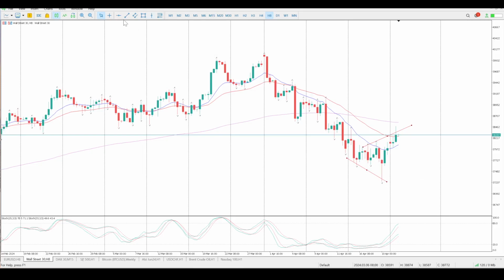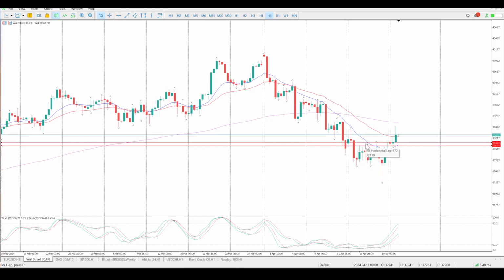But let's just get rid of the diagonals. Diagonals are not what we want to do. We've had a break of some structure here, and that's the key area here at 38,120, sorry, 38,120, not 39, and just below that is 38,050.